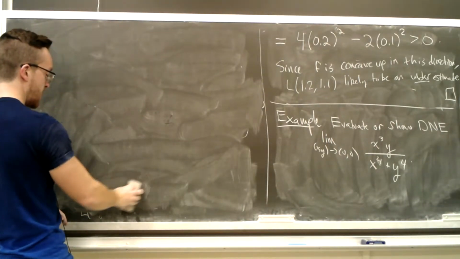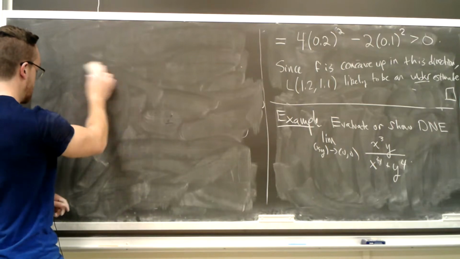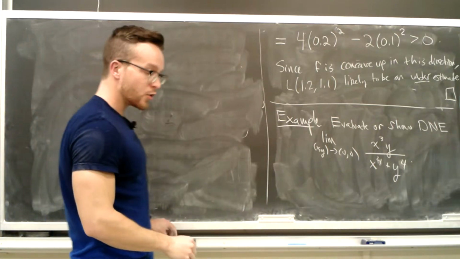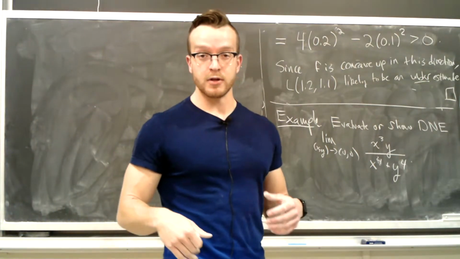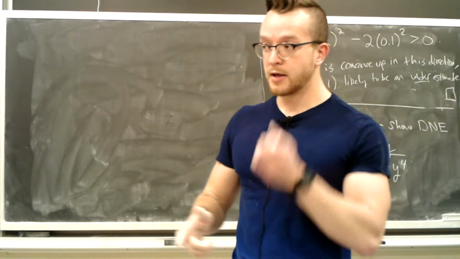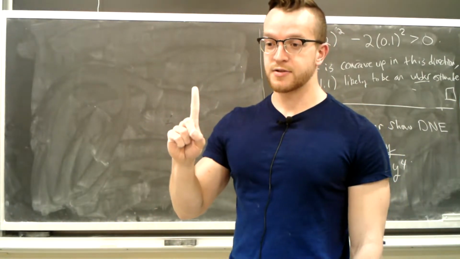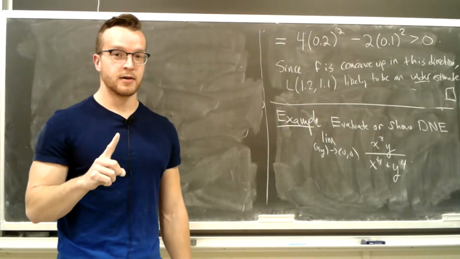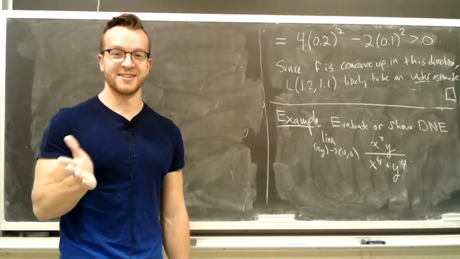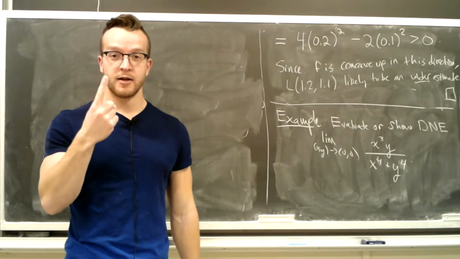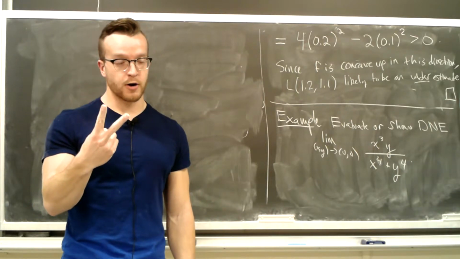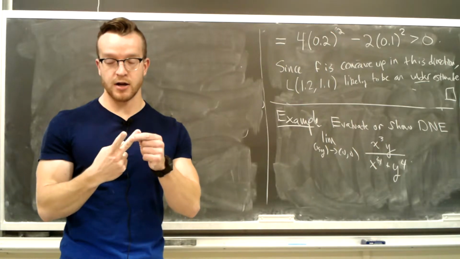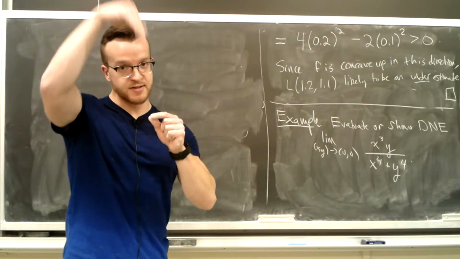Now, to recap my general flow chart of attack with a limit, if I don't know what to do, the first thing I always try is maybe I can just plug it in. I'll move out of the way. Sorry. That will almost never work, but it could, so you should think about it. And then if that doesn't work, usually the next thing I try is approaching along the axes.